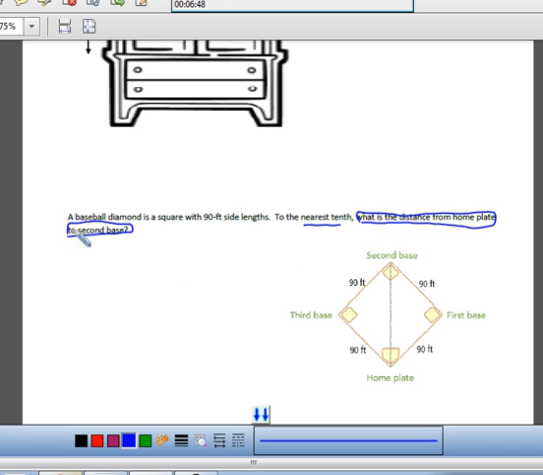Now, when we're looking at this right here, it doesn't matter which side you pick. I'll pick the right side. We're dealing with a right triangle. We have the two legs, a and b. That's an a, not a 9. We're trying to find c. We don't know the hypotenuse. Remember, it's across from the right angle. It's the longest side.